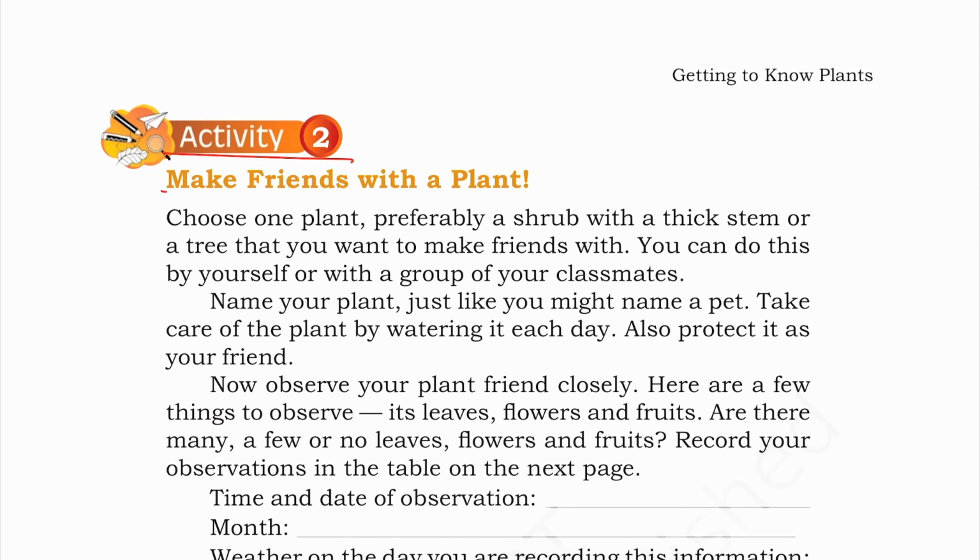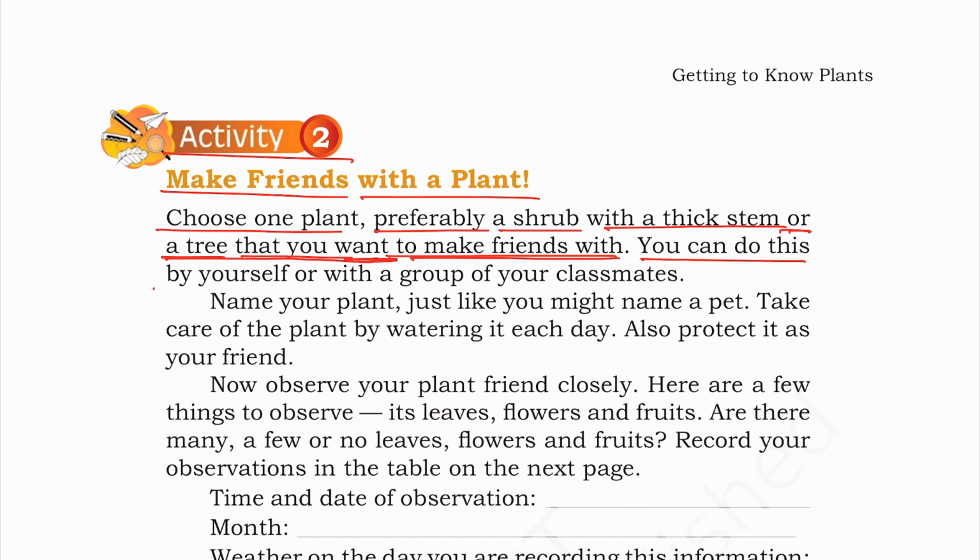Activity 2. Make friends with a plant. Choose one plant, preferably a shrub with a thick stem or a tree that you want to make friends with.